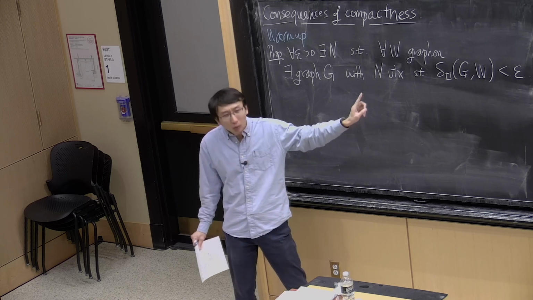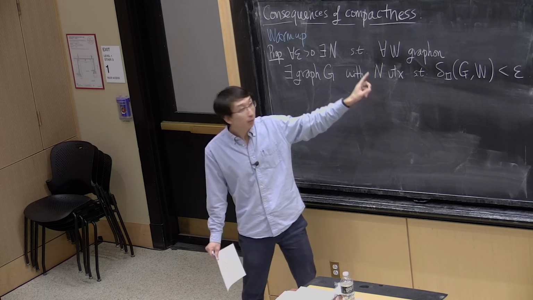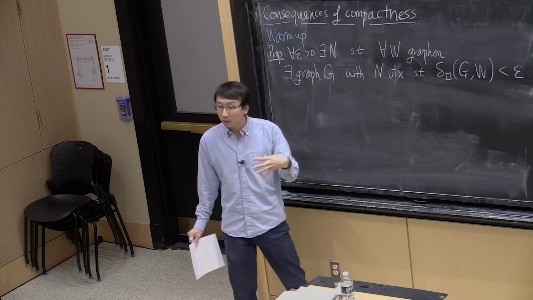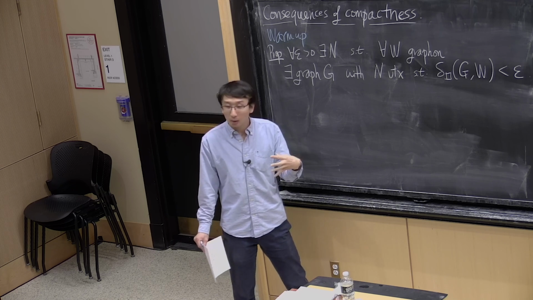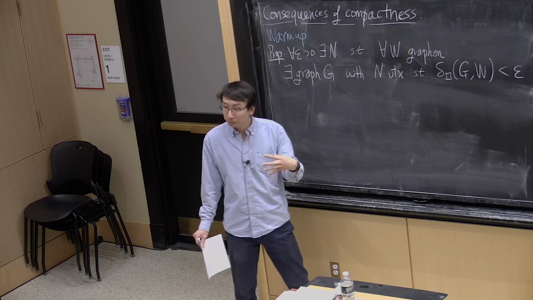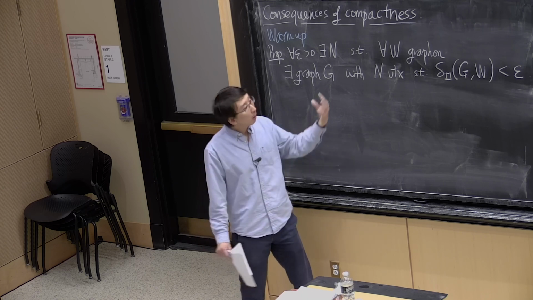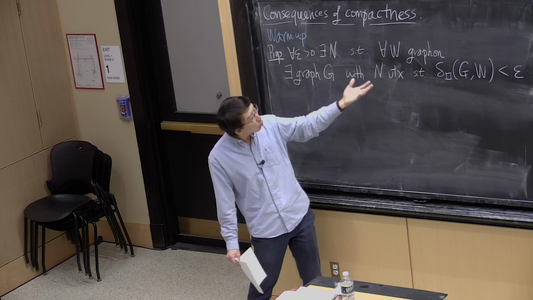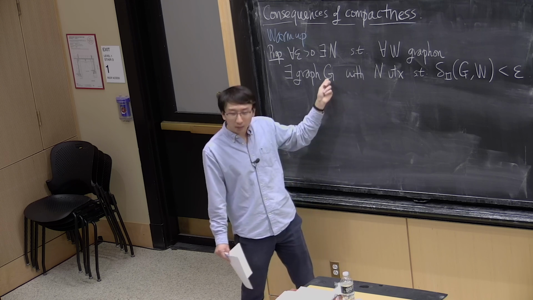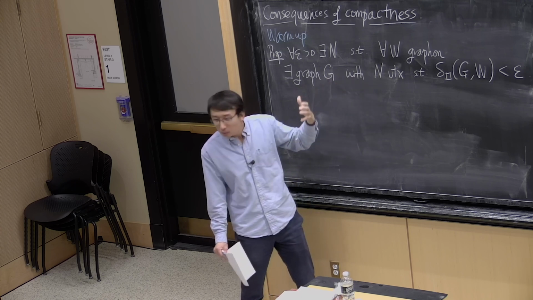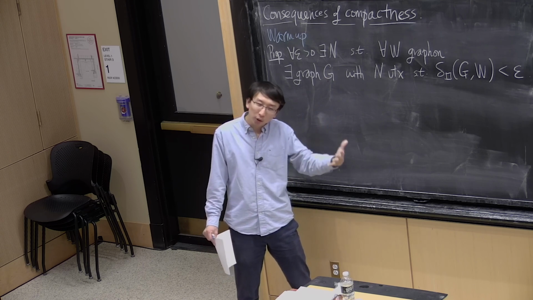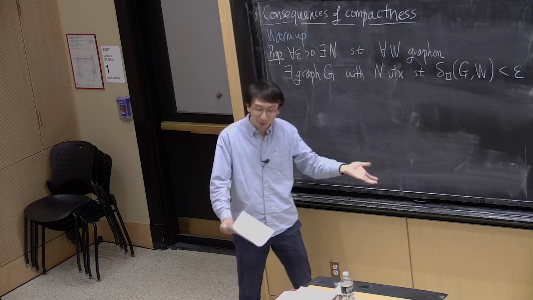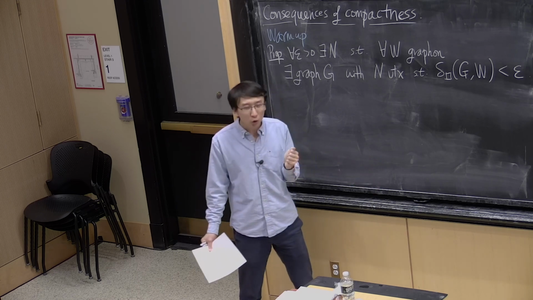If you are allowed edge weights on this graph G, then it immediately follows from the weak regularity lemma that we already proved. And from that weak regularity lemma, which allows you to get some G with edge weights, you can think about how you might turn an edge-weighted graph into an unweighted graph. Okay, so that can also be done.